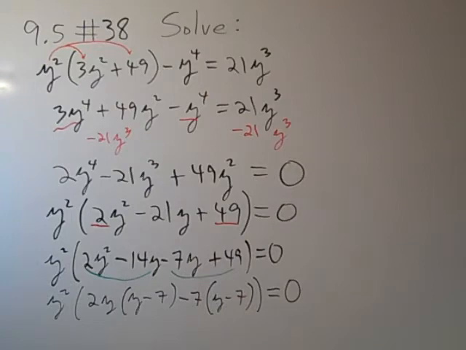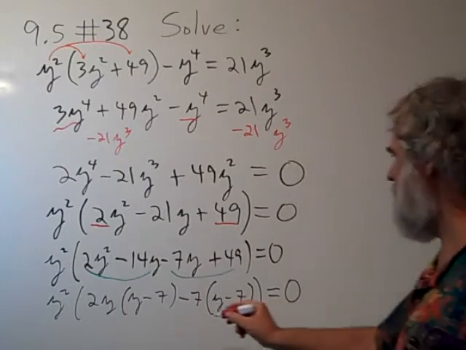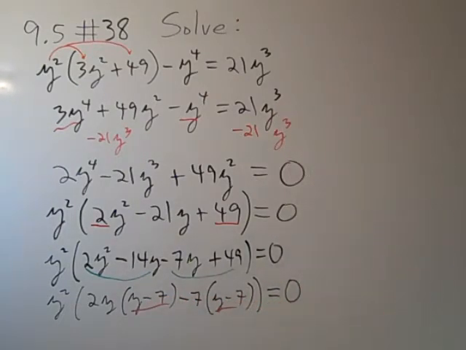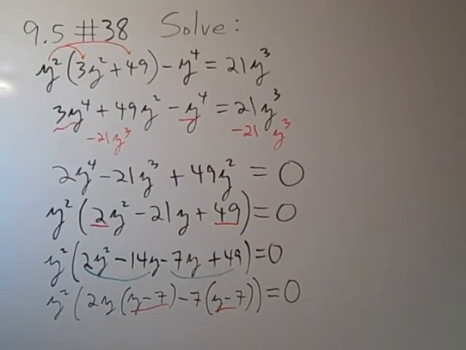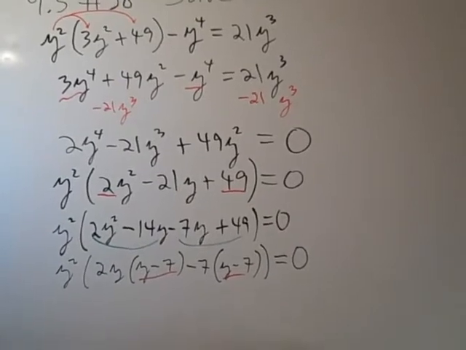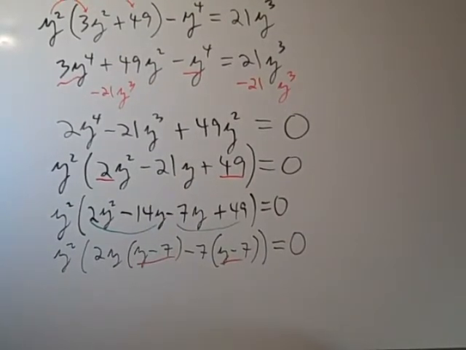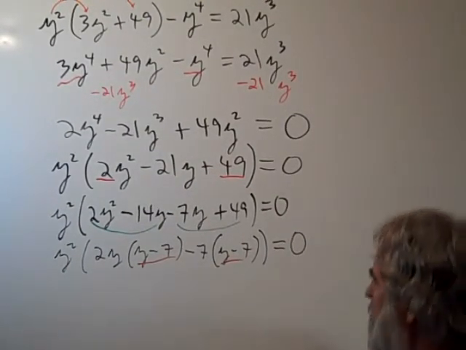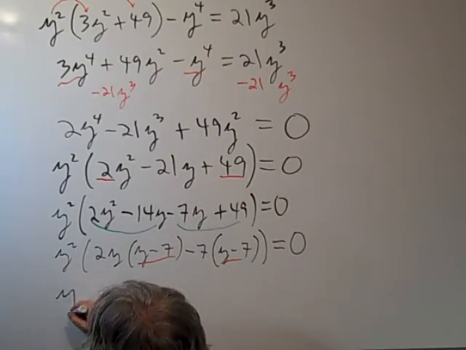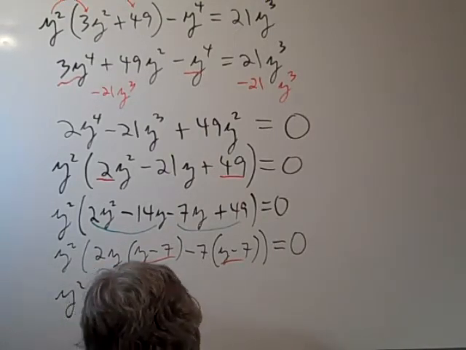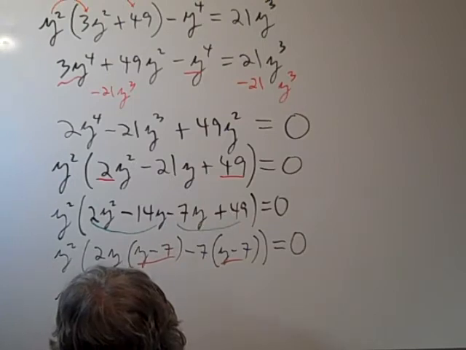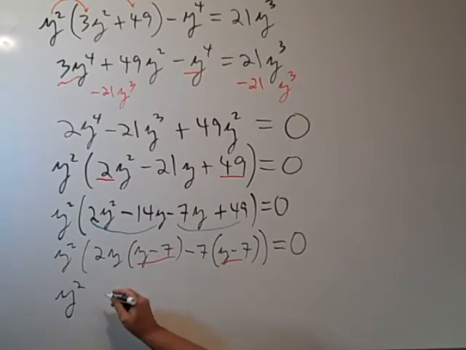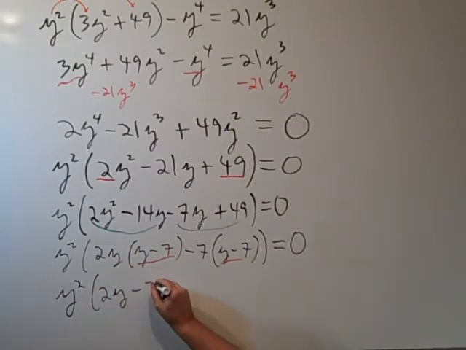So now we have a common factor of y minus 7 here and here, so we can factor out that y minus 7. And here's what we get. We get y squared and we've got 2y minus 7.